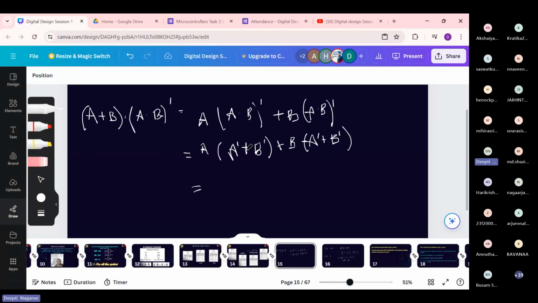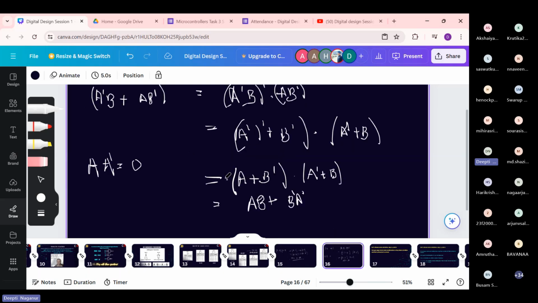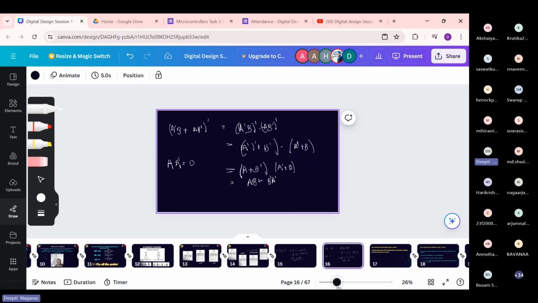So a a prime will be 0 and I'll be left with ab prime from the first part and ba prime, and bb prime is 0. So when I take the prime of this part, I'll get XOR, for which the proof I have already written in this slide. Hope I'm clear with that.